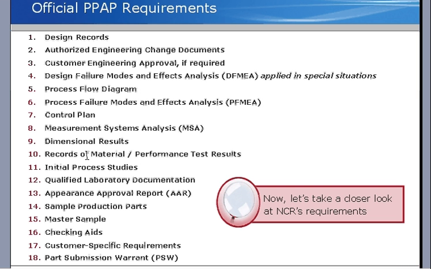Sometimes if the customer needs all these documents, we charge the customer some engineering time for that, because it is indeed a lot of work and needs many departments in the factory to work together to generate the official PPAP requirements.